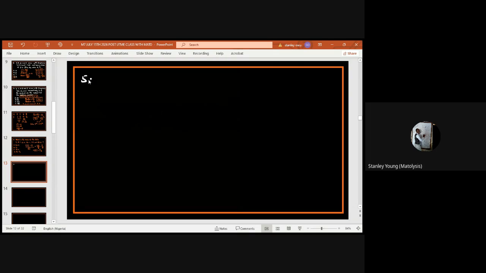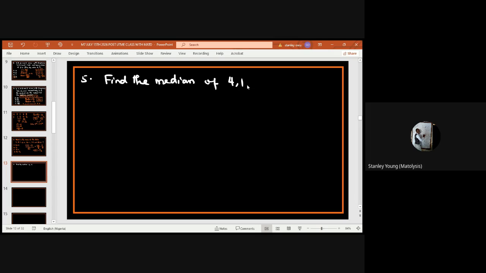Question number 5. I have a question here that says find the median of 4, 1, 4, 0, 4, 4, 2, and 0.